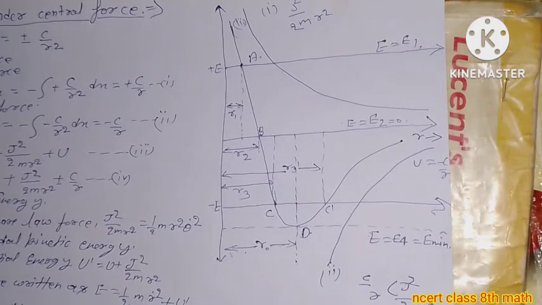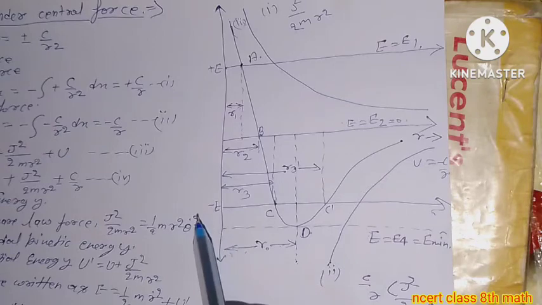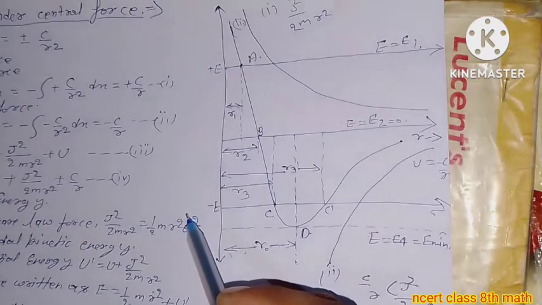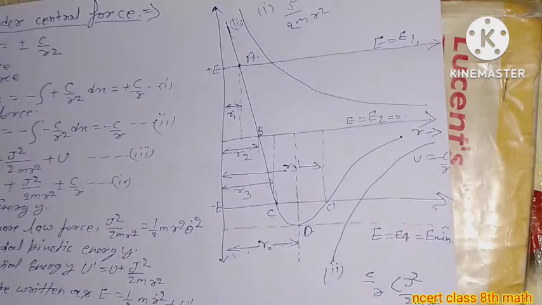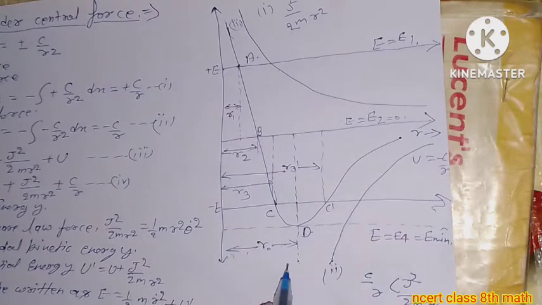When U dash is 0, then C upon R is equal to J square upon 2mr square, and when C upon R is greater than J square upon 2mr square, U dash is negative.